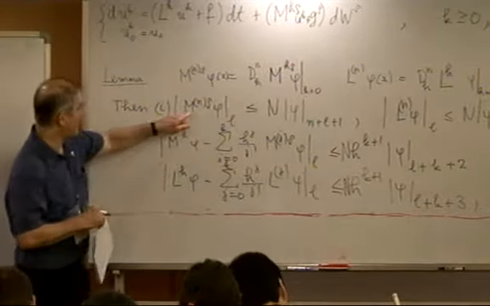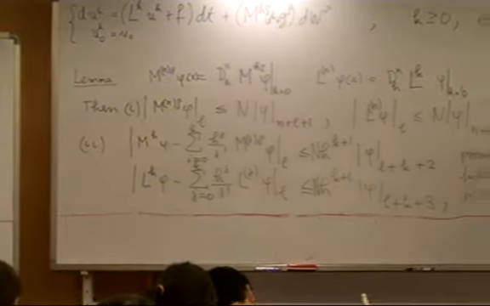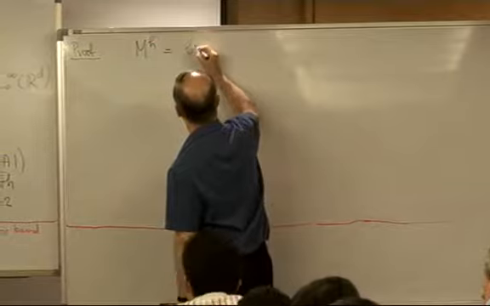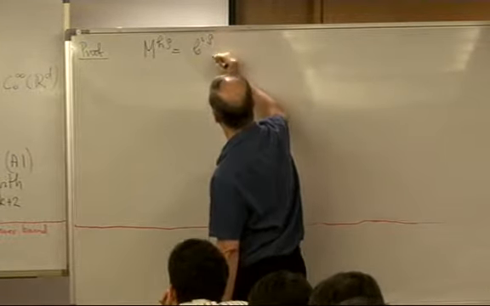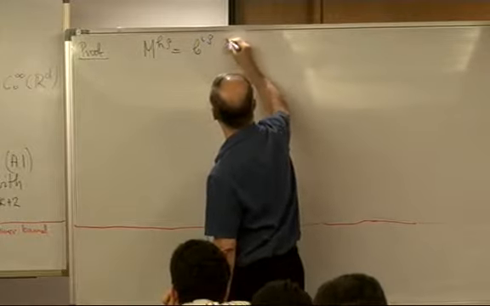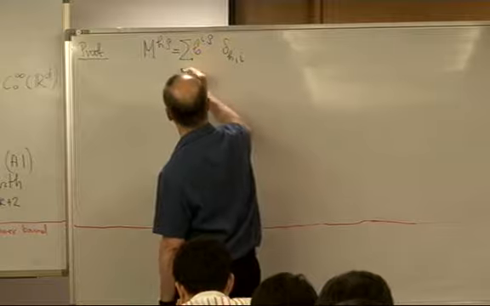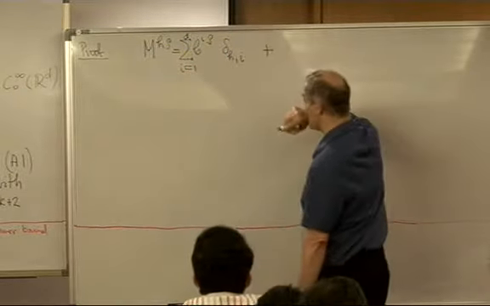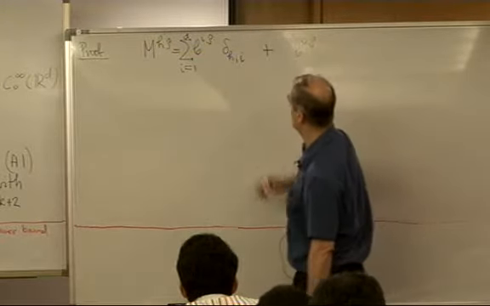So, let us look at this M_h. We remember that it is B_i rho delta_h^i, summation over i from 1 to d, plus B_0 rho times phi.